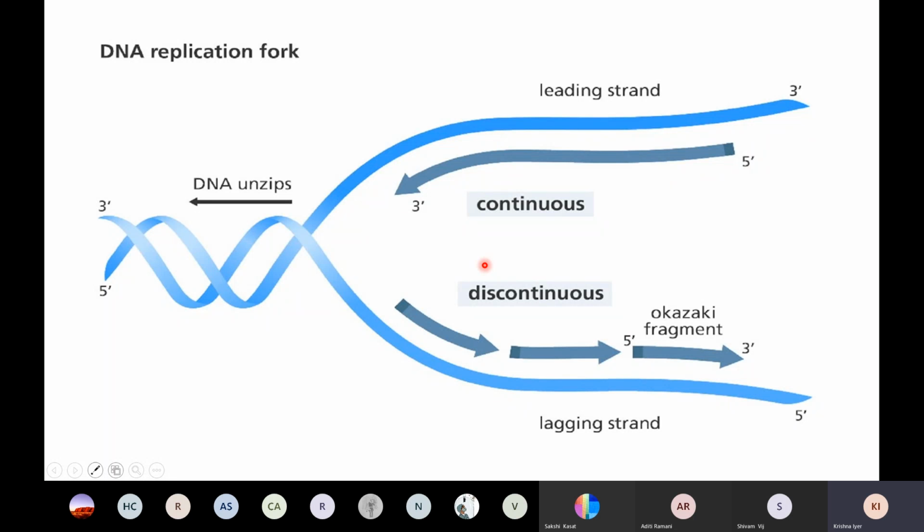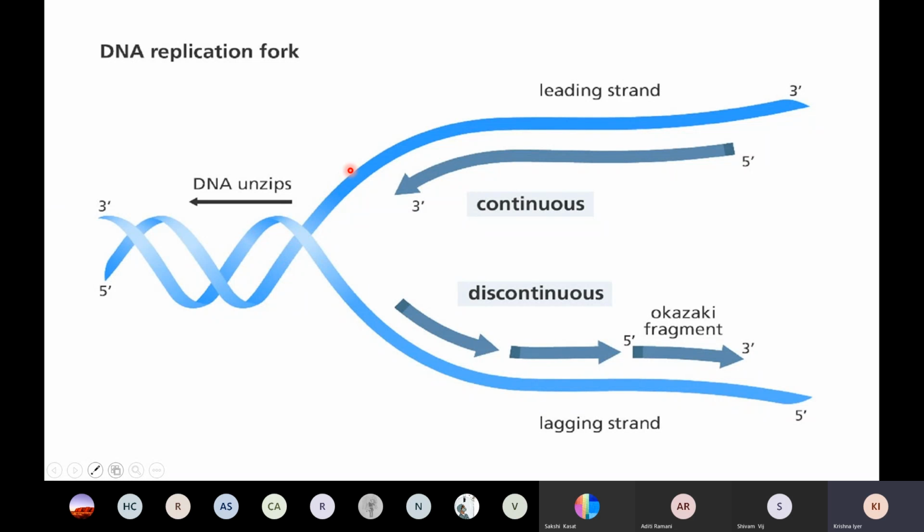For example, these two strands are separated here. I add a little primer, shown here in dark blue, and based on that primer I am able to continuously add bases. The reason I am able to continuously add is because I am moving in the 5' to 3' direction. And not only that, this DNA is being unwound and made free in this direction by helicase and topoisomerase.